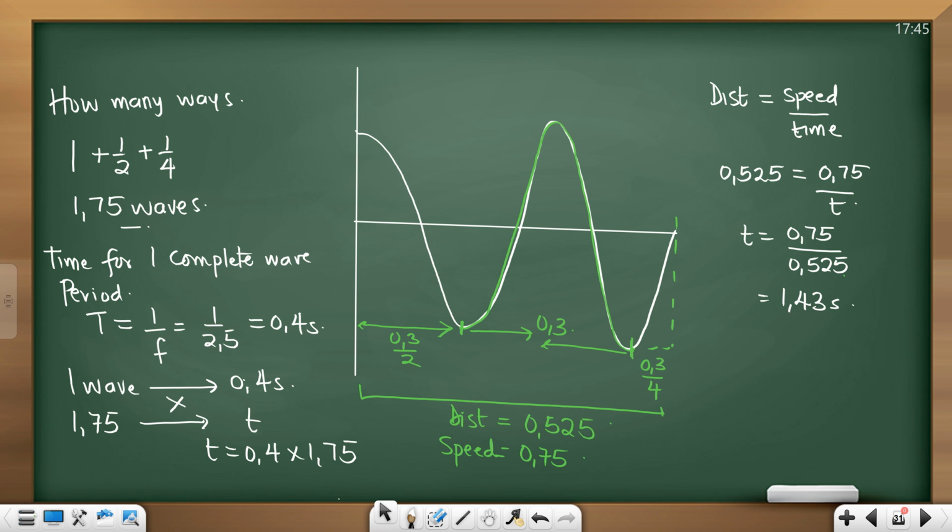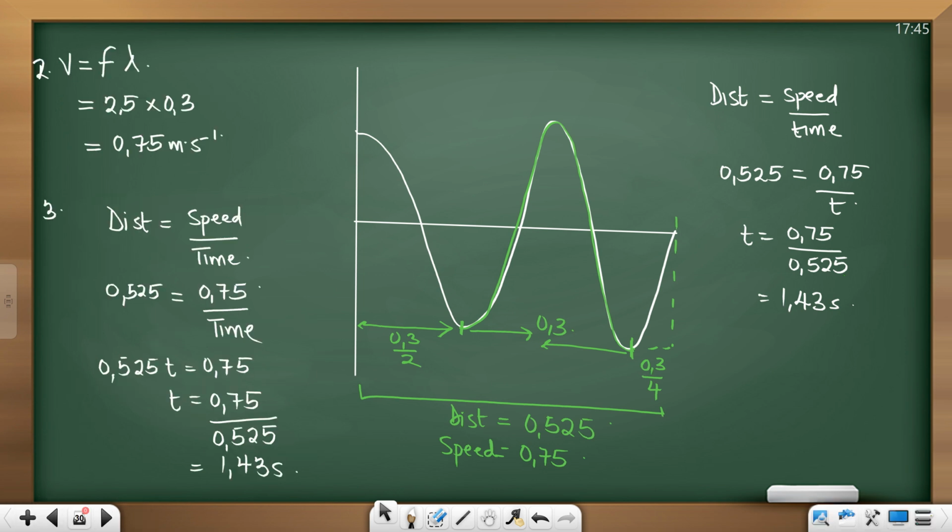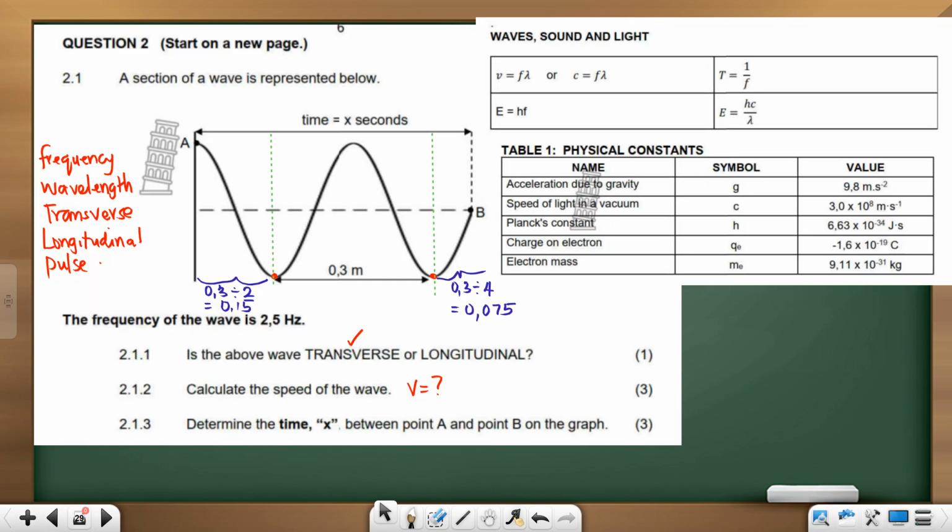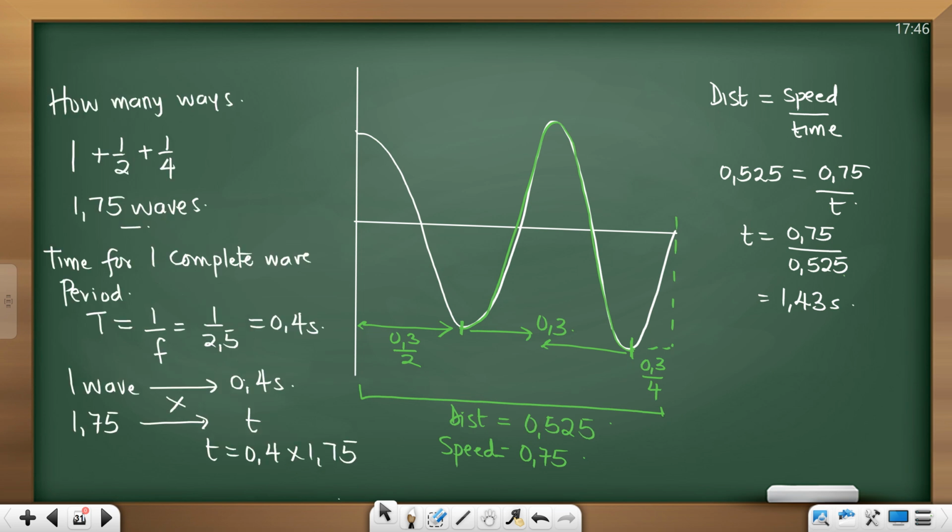Why am I getting a different answer? It's supposed to give us the same answer. Let me check again. Yeah. The frequency of the wave is 2,5. So we are looking for the time for 1,75. Let's check again.